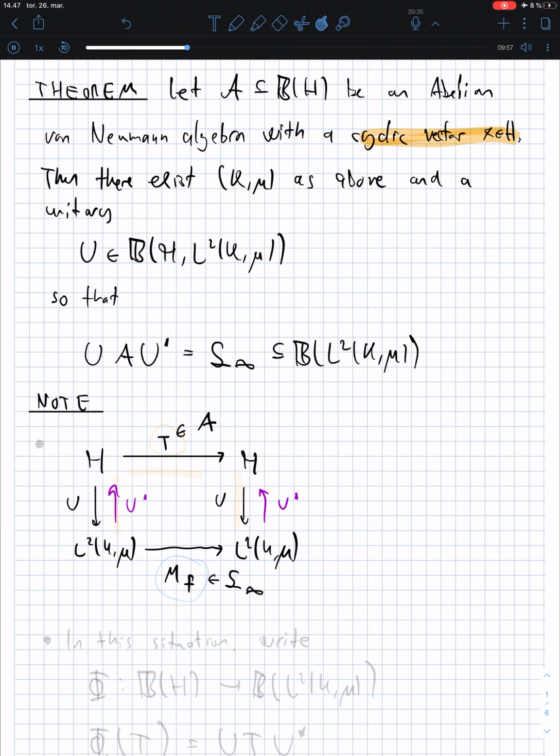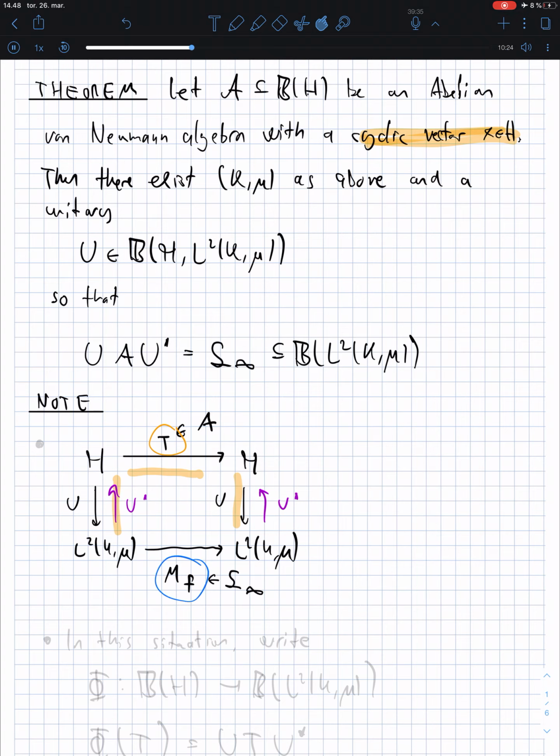Right? So whenever I have an operator T, then if I take T and I compose it first with U star, maybe I'll use colors like this. I compose it first with U star, and then I use T, and then I compose down with U. Then the claim is that I get something that comes from L infinity.